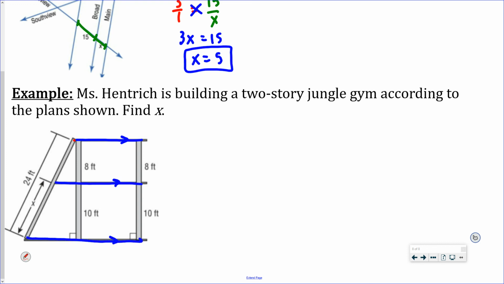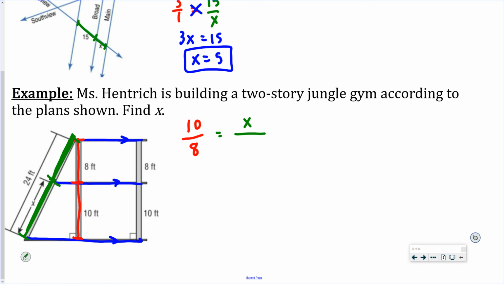So one transversal here, one segment these are splitting, is this 8 to 10. I'm going to start with the larger one if I write that ratio, 10 to 8. And then looking over here where I'm trying to find x, I have another transversal. So if I went 10 to 8, I'd have to go x to... Uh-oh.